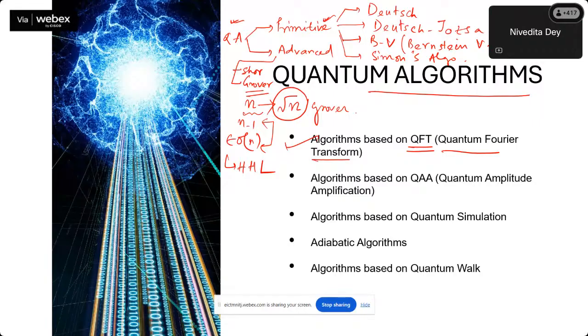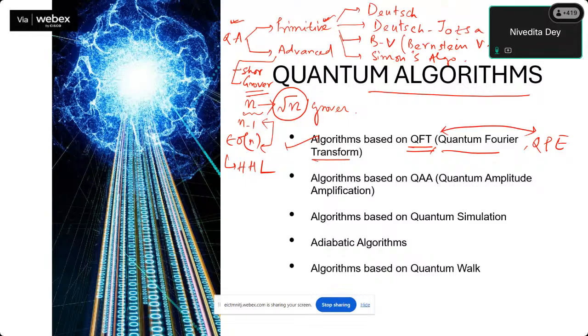There is another one also derived by Shor, called quantum phase estimation, QPE, but it is reducible, not exactly the same, to the concept of QFT. It is part of an inverse QFT with a few modifications.